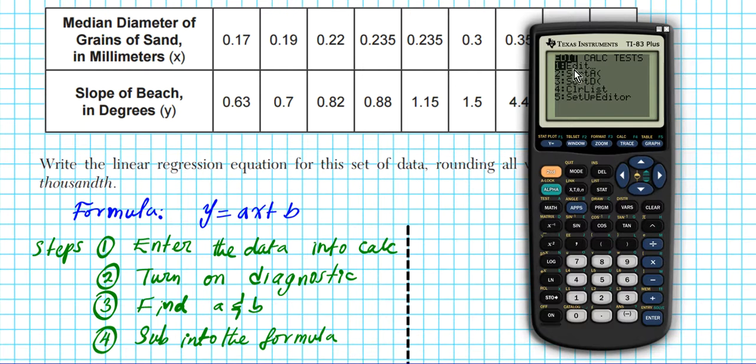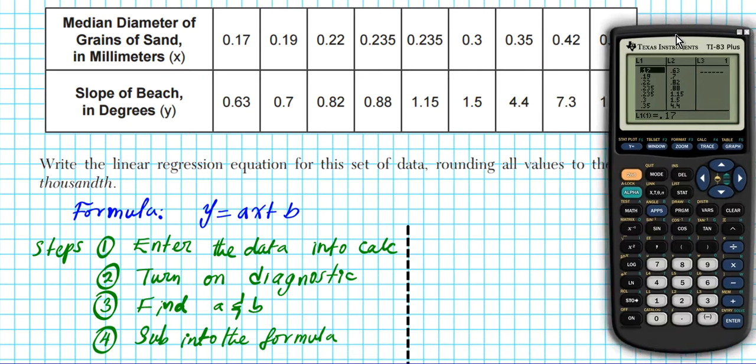Okay, what does edit mean? Well, it gives you a bunch of lists that you can enter your tabular values into the calculator. Think about the x values as a list, and then think about your y values as another list. So just hit enter. So you see edit right here.